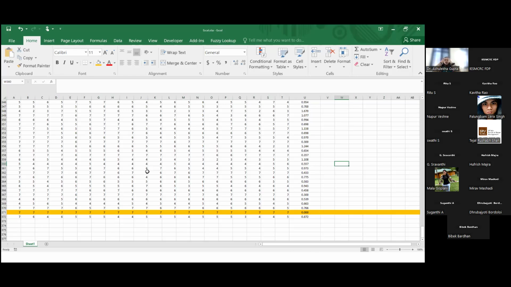Some questions in this questionnaire are such that those where I had given 7 means strongly agree. For these questions, it is not possible that the answer would be strongly agree. For these questions, the answer would be strongly disagree or neutral, but strongly agree is not possible.